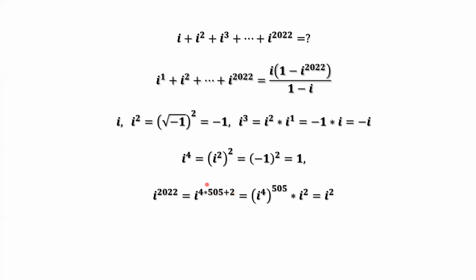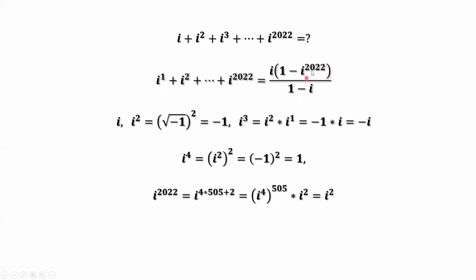The first part we can rewrite as i to the power 4, then to the power 505, times what we have left here, 2, that's i squared. Because i to the power 4 equals 1, 1 to the power 505 equals 1, and 1 times i squared equals i squared. This is the result for i to the power 2022.